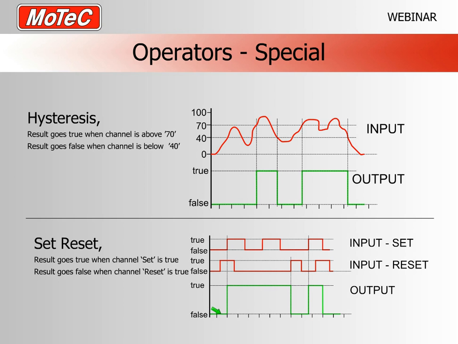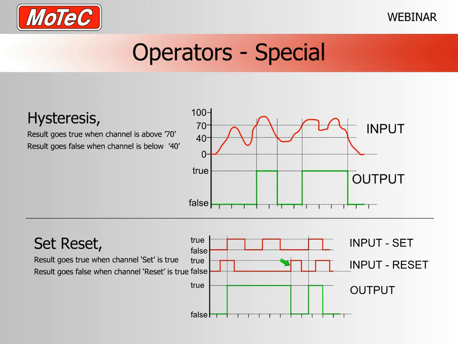So when the function is false, as in this case, if I set the reset function to high, it has no effect because we're already in this false condition. When my set input goes to true, that's when my output is true, and it will stay that way regardless of how many times I press the set condition or the set condition goes to true, because that is only designed to turn the output on.